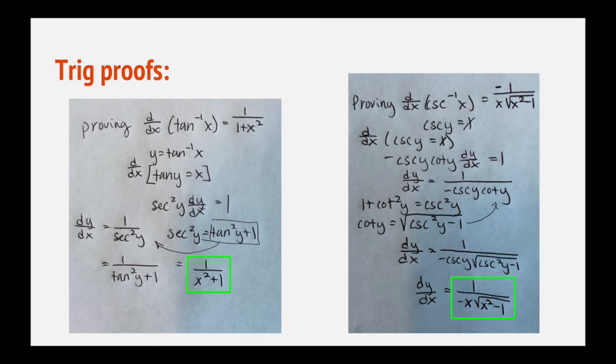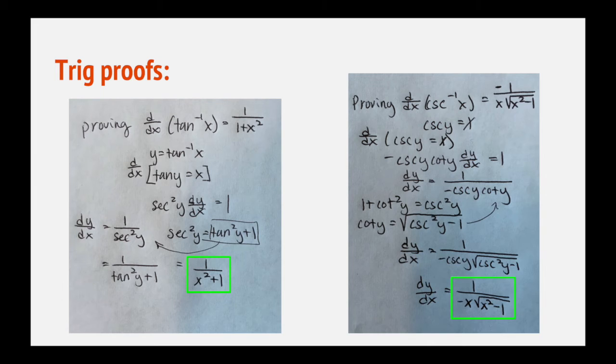Now we're going to use the trig identity 1 plus cotangent squared y equals cosecant squared y, and isolate cotangent y, which is the square root of cosecant squared y minus 1. Substituting that, the derivative of y equals 1 over negative cosecant y times the square root of cosecant squared y minus 1.